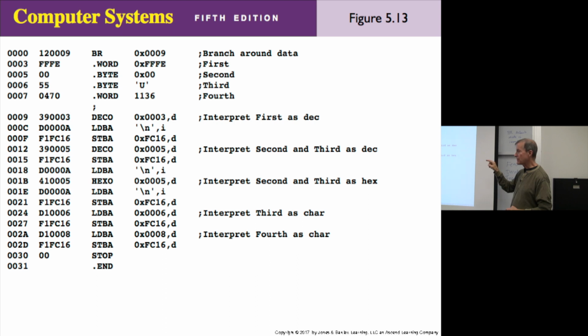That's the 55. Now, what do you suppose that 55 is, if you looked it up? The ASCII. You better double check it, might be wrong. And what about the .WORD 1136? That's 0470.